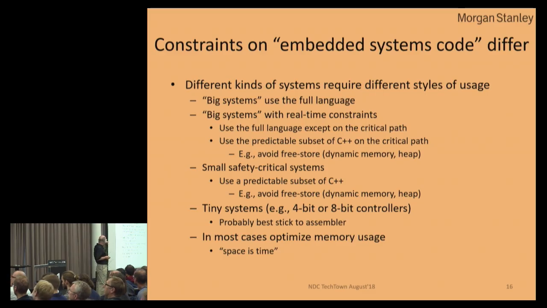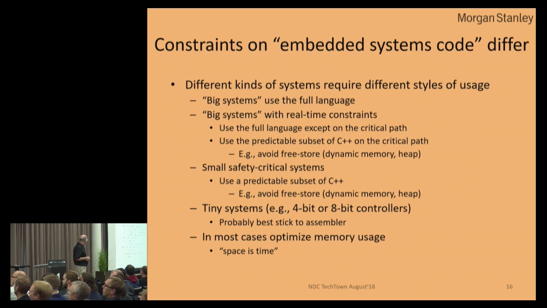Small critical systems, you just write the predictable subset of C++ all the time, which is basically avoid free store and usually avoid exceptions in the small safety critical systems. But the rest of the language is pretty predictable. If you don't have more than 4 bits in a word, probably C++ is not the answer for you.